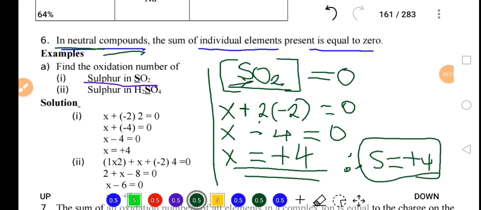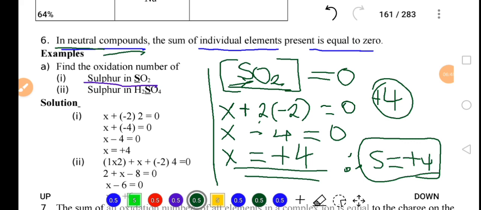When you leave out the positive, you will fail, reason being that this 4 can be anything, but the indication of positive defines that number to be an oxidation number. An oxidation number can be positive or negative.